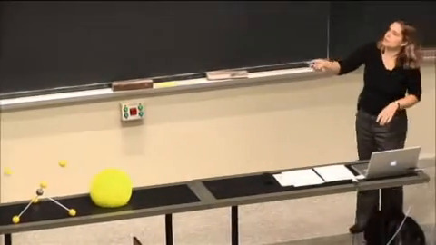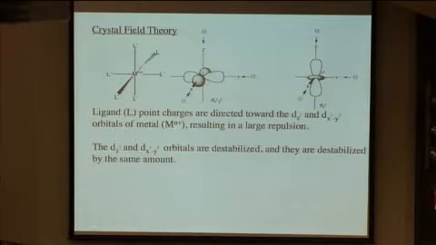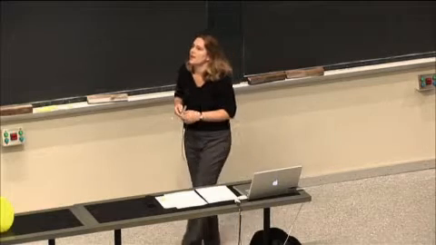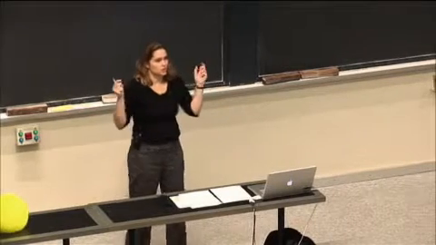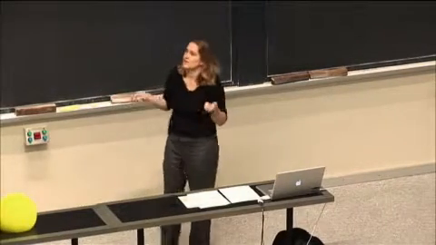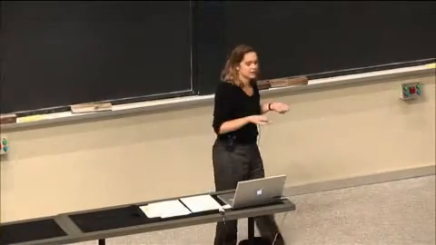All right, so here we have a case where our ligands are on axis, our orbitals on axis. This is a large repulsion. So I will tell you that the dz squared and dx squared minus y squared orbitals are destabilized, and they are destabilized by the same amount. So there's repulsion now, and they're destabilized by the same amount of energy.